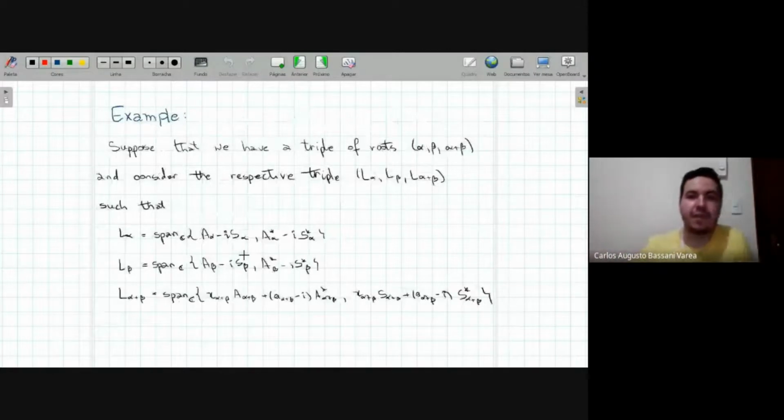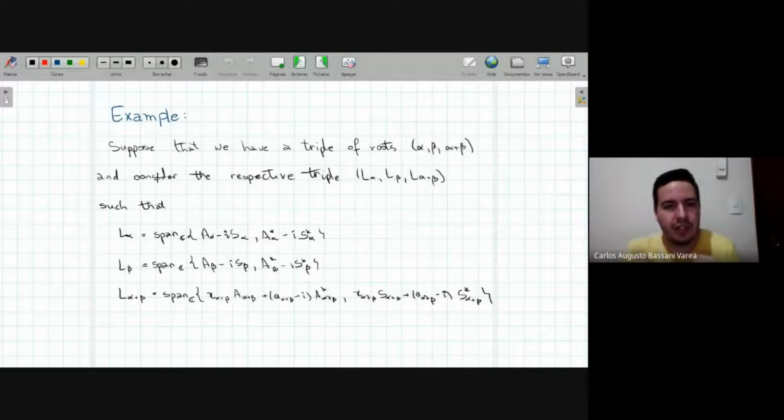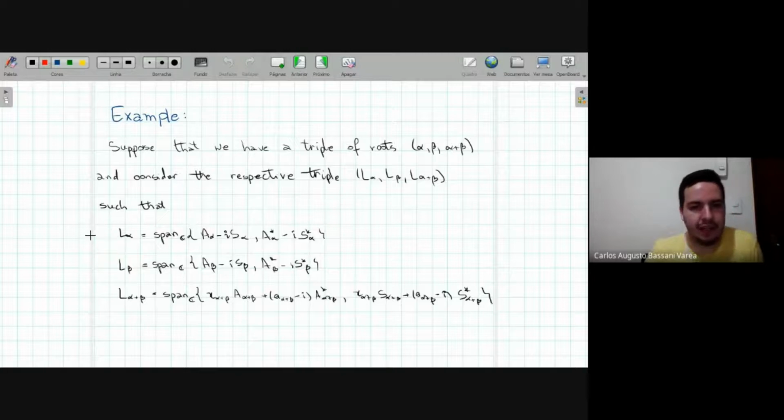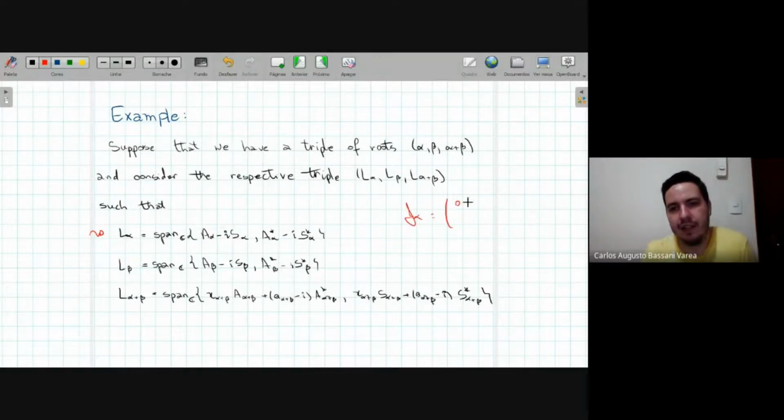Let us suppose that we have a generalized complex structure, and for a triple of roots we have the following associated eigenspaces. L alpha is of complex type with positive sign, so J alpha is a matrix like this.